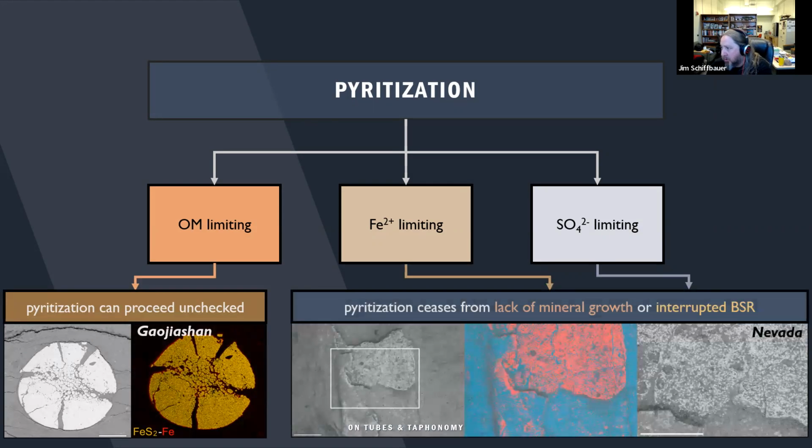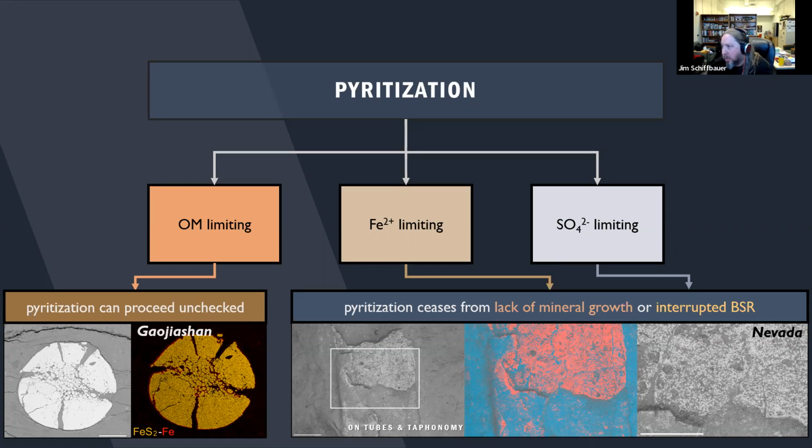If organic matter is the only limiter, then pyritization can effectively proceed until all of the organic matter is gone. You're not going to stop pyrite growth simply because you ran out of iron, for example. It's going to continue until there's no more organic substrate for the bacterial sulfate reducers to grow on. In the other cases, where you have one of the building blocks of pyrite that's limiting, then you can cease partway through the process.